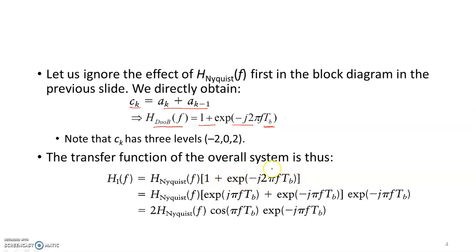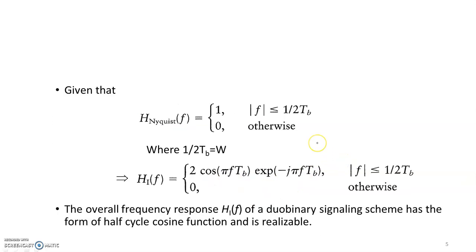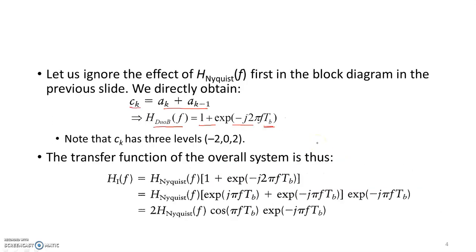Now here I have the term 1, which I can express as 1 = e^{-jπfT_b} multiplied by e^{+jπfT_b}.